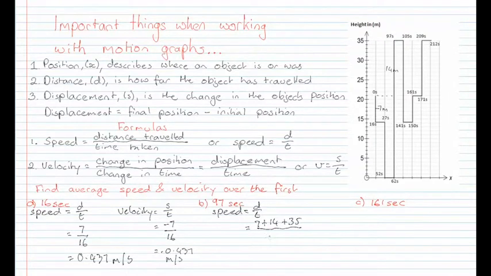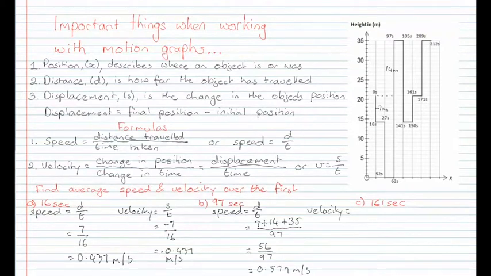Well, it's 97 seconds, which is equal to 56 over 97, which we'll find to be 0.577 meters per second.